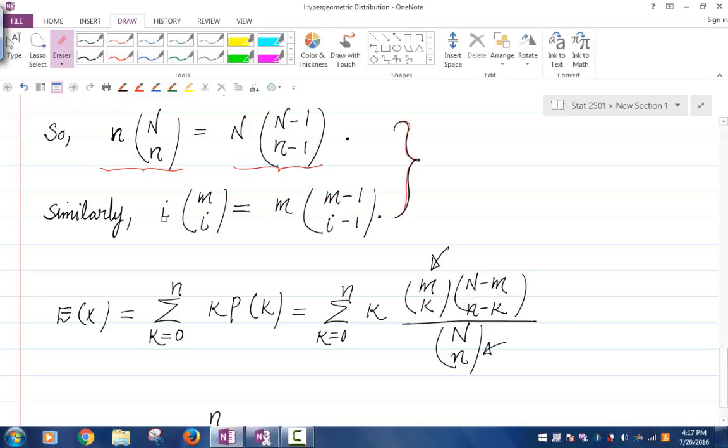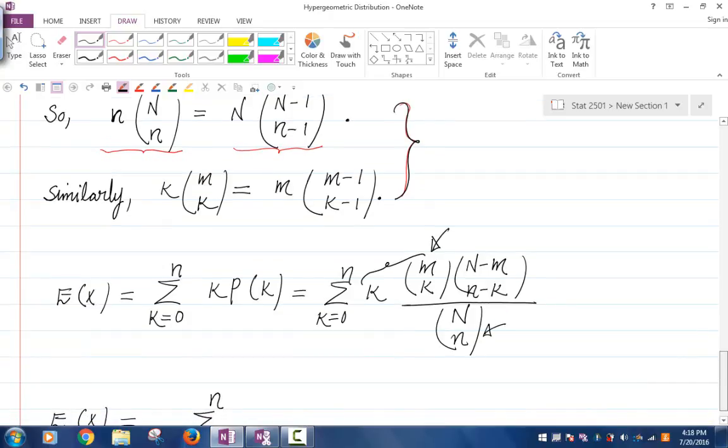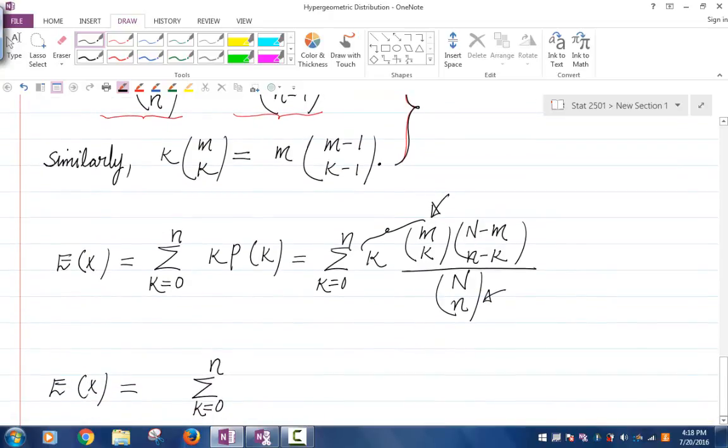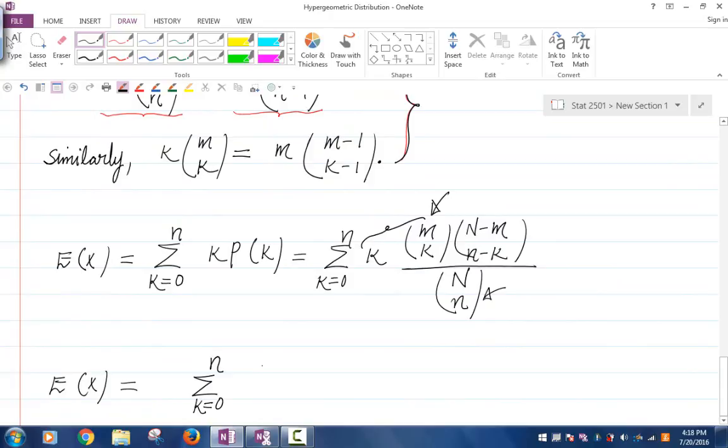okay, so let me write this identity by using k so that it's clear. So if I use k, this is what I get. We can replace k times m choose k by m times m minus 1 choose k minus 1. So let me write that down.